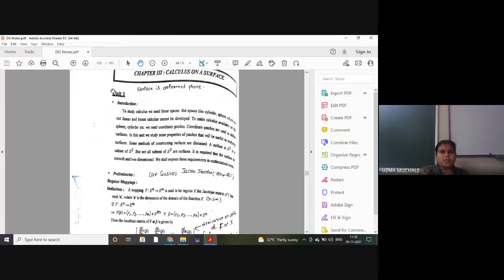We can see here, in the third unit, calculus on the surface, we are going to see the definition of surface. Before that, we must know first two definitions, that is a regular mapping, and some other definitions, and after that we will find out what is the definition of a surface.